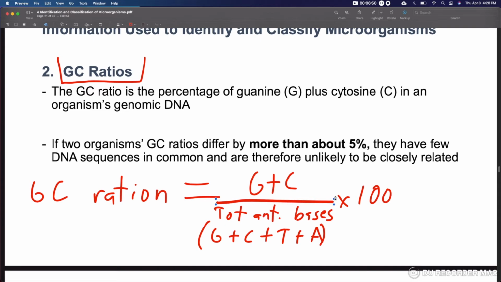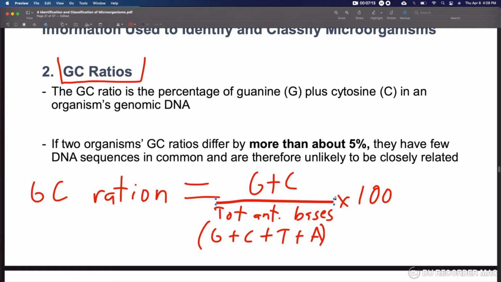So, for example, I gave you an organism that has about 100 guanines. How many cytosines are there? Of course, there's also 100 cytosines, so that's 200.